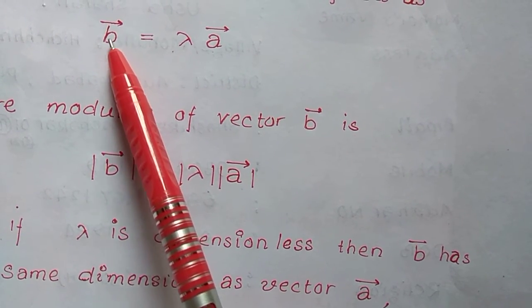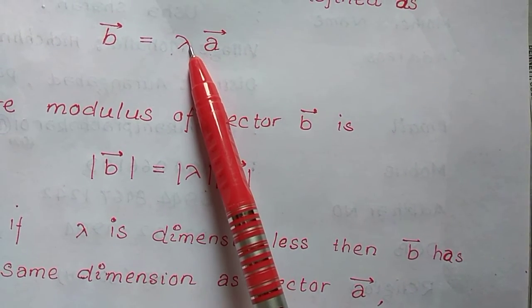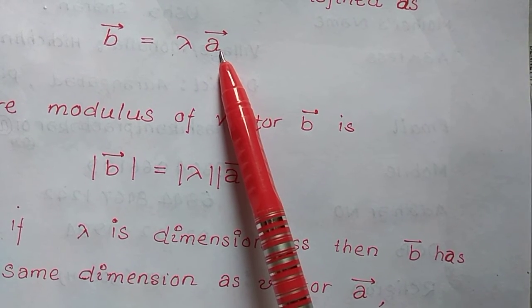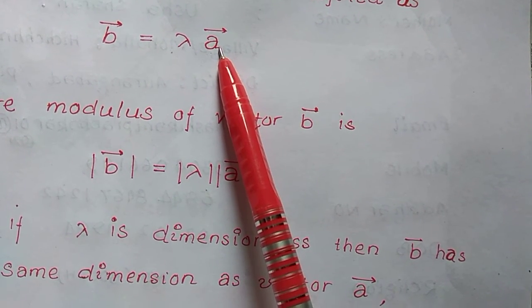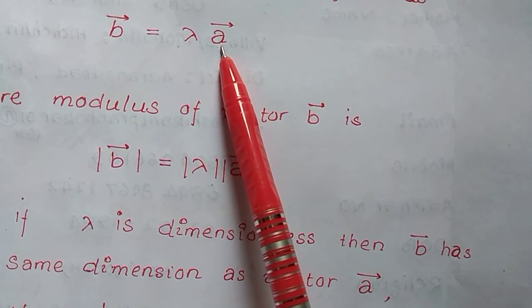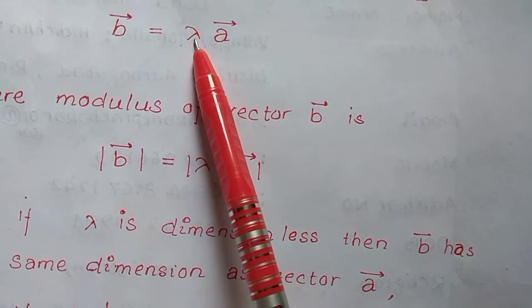That is, B is linear momentum when lambda has dimension of mass and vector A has dimension of velocity. So clearly vector B and A have different dimensions if lambda has any dimension.